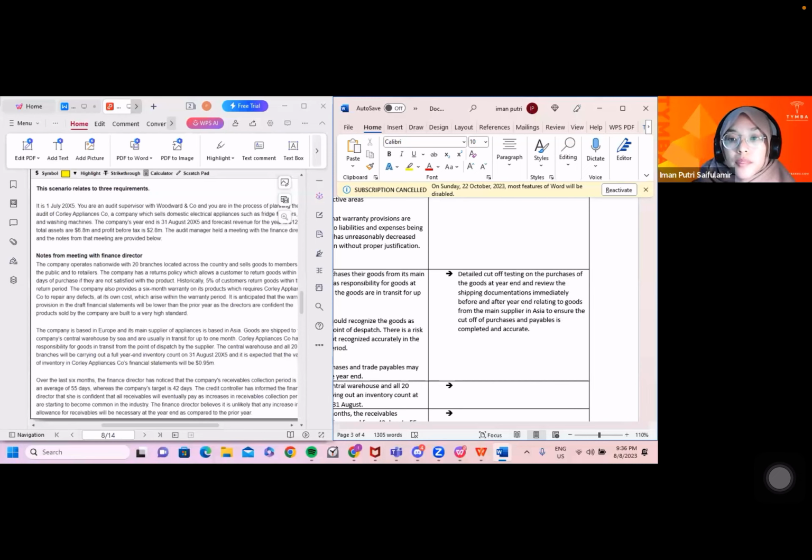And then maybe we want to discuss with management if they are accounting for this correctly, the point at which inventory is recorded, and review the contract with the supplier to verify the requirements in place.